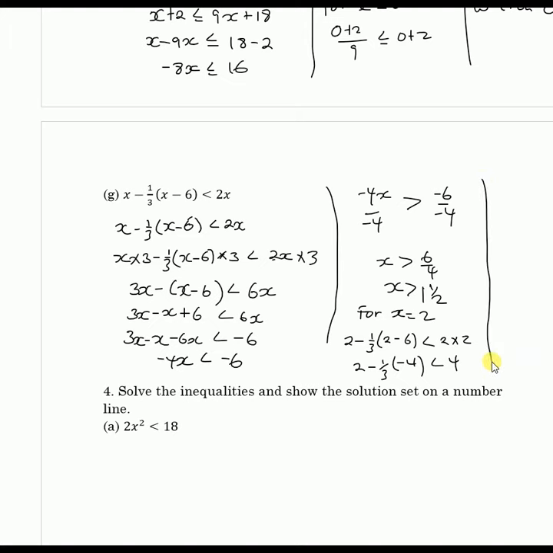And then 2 minus, I have a minus and a minus here, so I shall have this one as a plus. So I have that this one is 2 plus a third of negative 4, which is 4 over 3, less than 4.